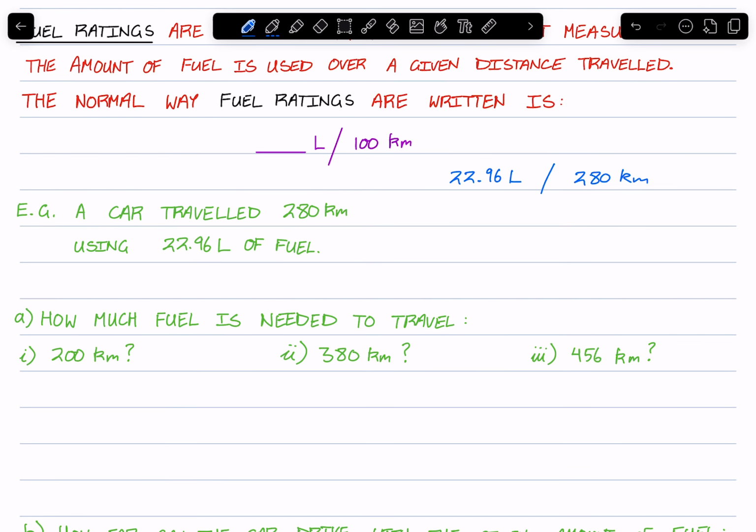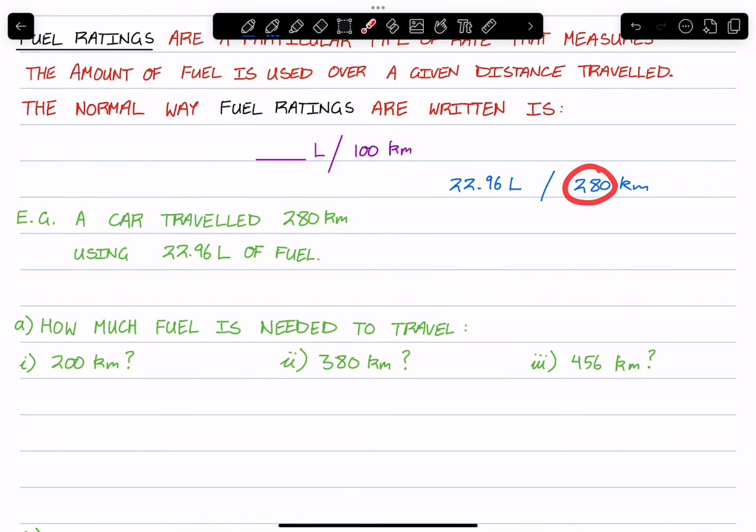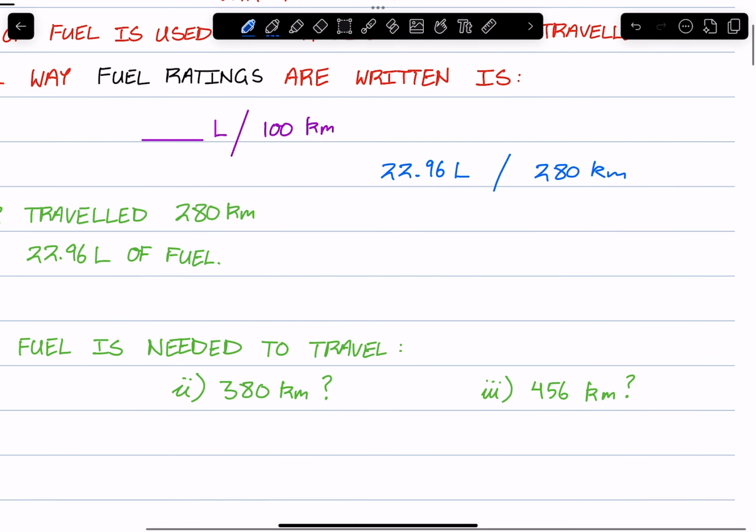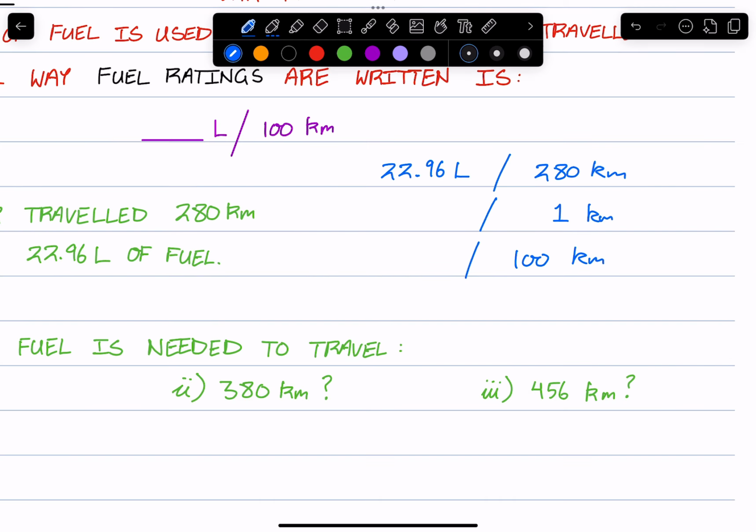Now, our goal is to get from 280 to 100. For this, I always like to go to an intermediate step to find 1 kilometer, and then from there we can easily find the 100 kilometer.